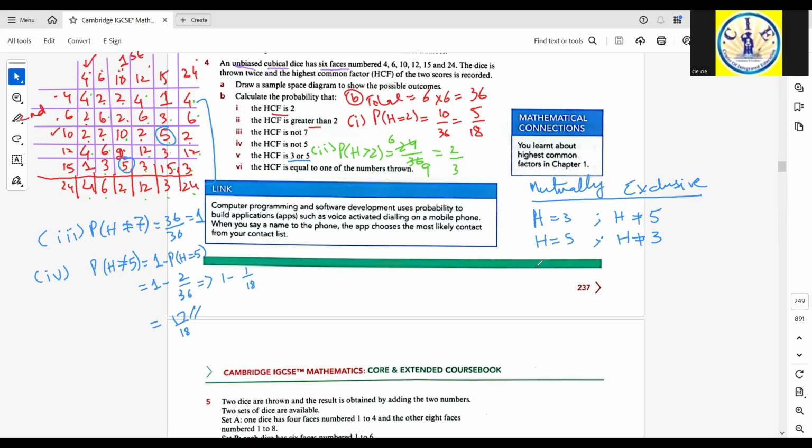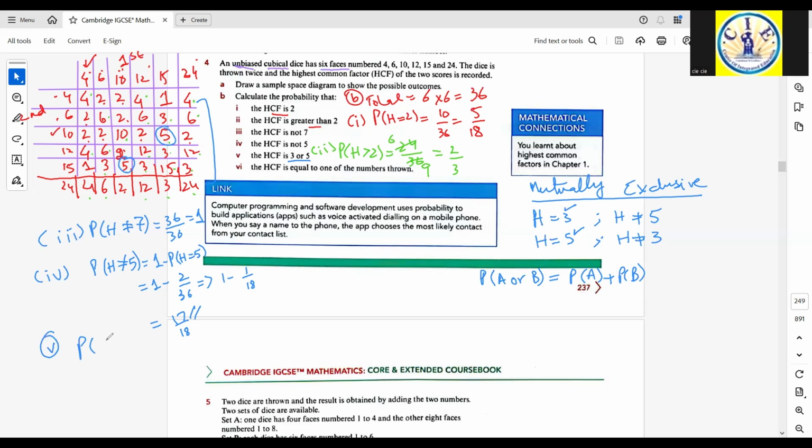So whenever we have mutually exclusive events, there is a rule that if you need to calculate the probability of A or B, if both the events A and B are mutually exclusive, its probability is given as probability of A plus probability of B. So in this case, I would be calculating the probability of HCF equals 3, then the probability of HCF equals 5, and then we would be adding them.